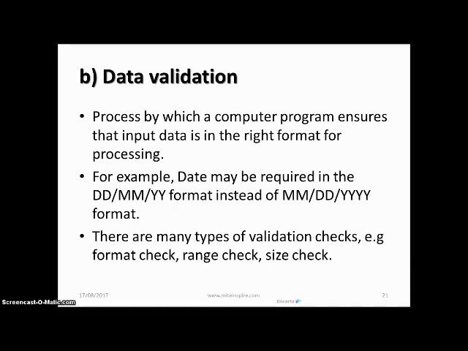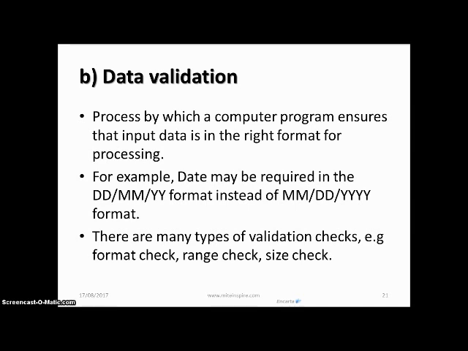Now, there are many types of validation checks. For example, the format check that we're just talking about. There's also what is known as the range check. For example, many times when you are trying to enter your personal details using a web-based system, it may ask you to input the month between the digits 1 to 12, because we have 12 months.